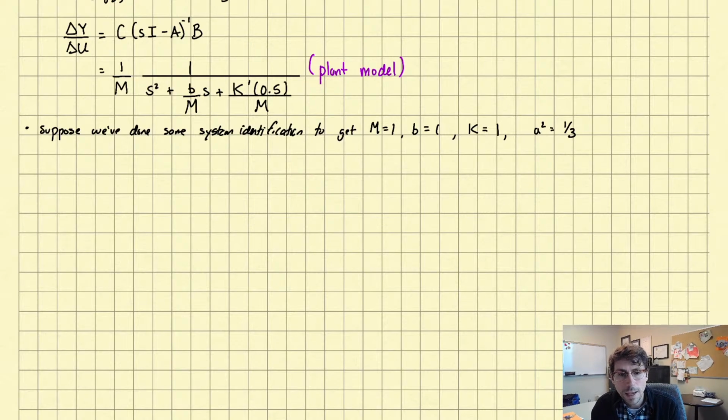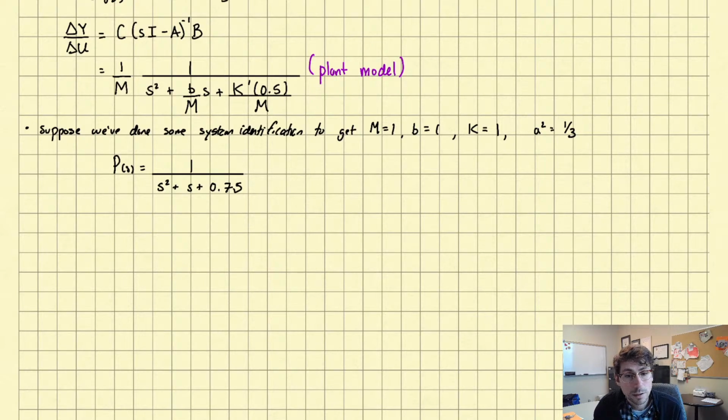All right, and then I'm just going to plug those numbers in to get our model of our plant. And so we'll get P of s. Okay, that's just what you get when you plug in the numbers.